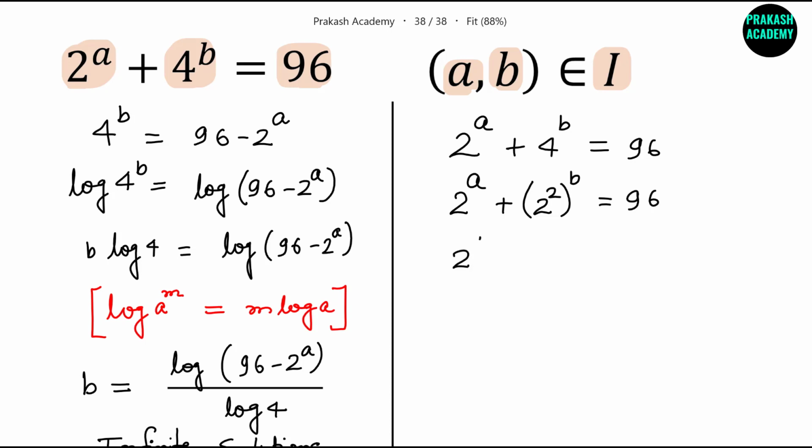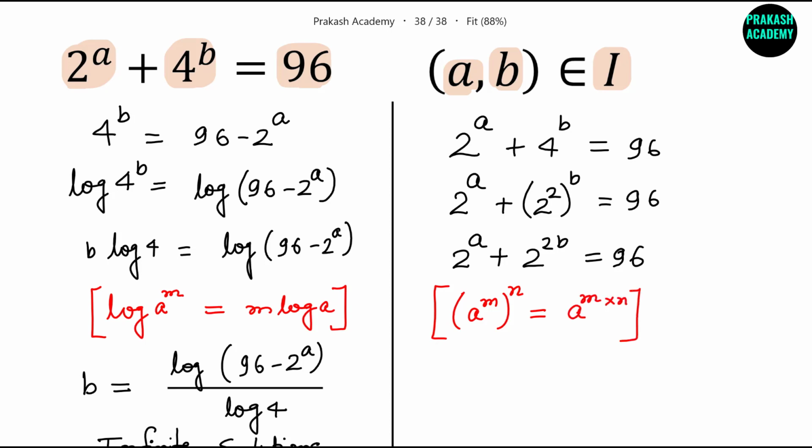So this will be 2 raised to the power a plus 2 raised to the power 2b is equal to 96. Here I am using the result that a raised to the power m raised to the power n is a raised to the power m times n, so I have simply multiplied 2 and b.